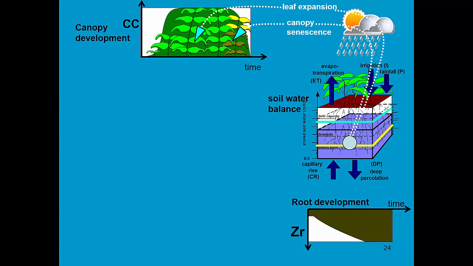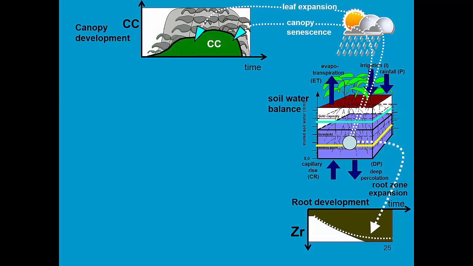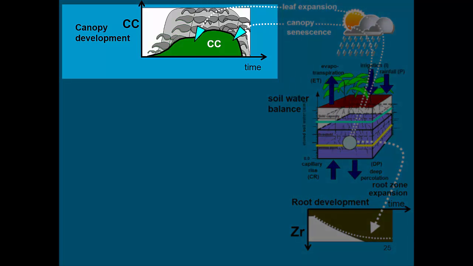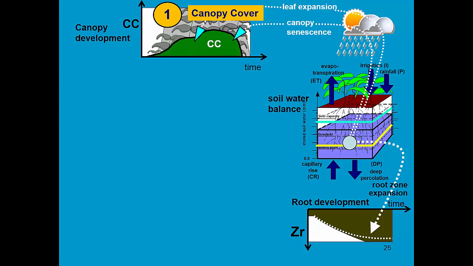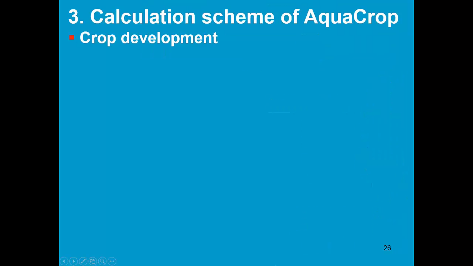By considering the stresses at any day of the season, AquaCrop will simulate the actual canopy development. The same is true for the root development, where other stress levels determine the root zone expansion. So this concludes the description of the simulation of canopy cover in step number 1.